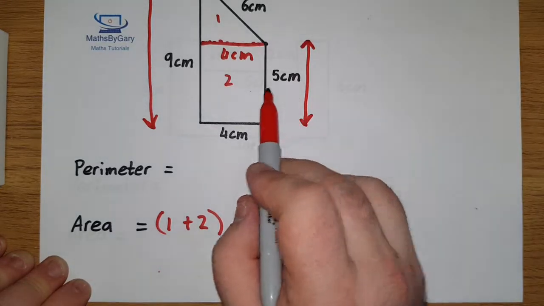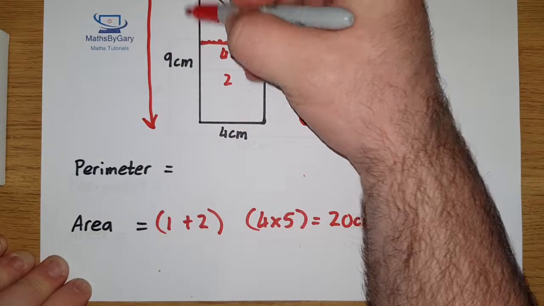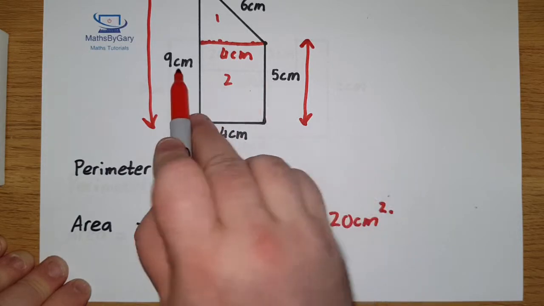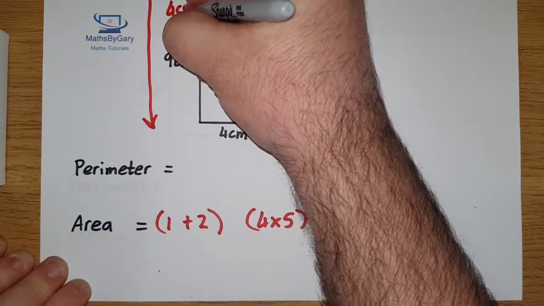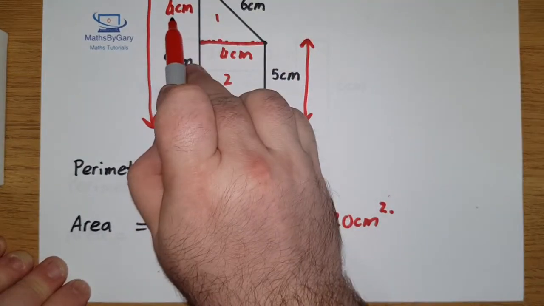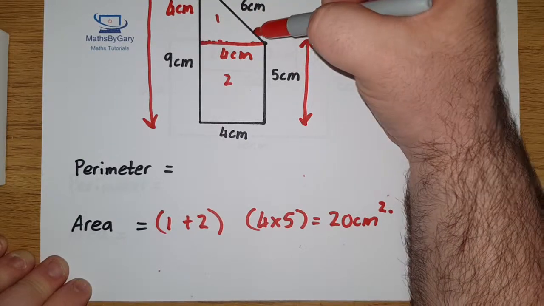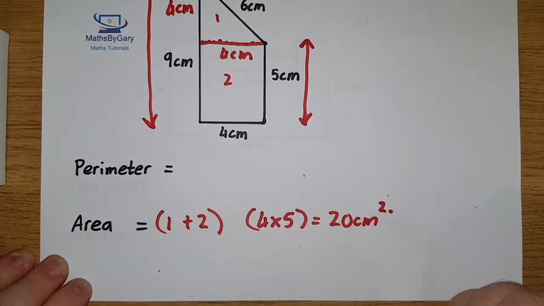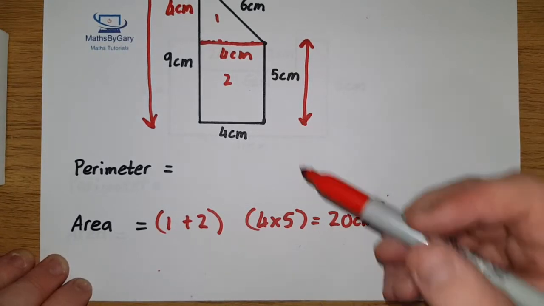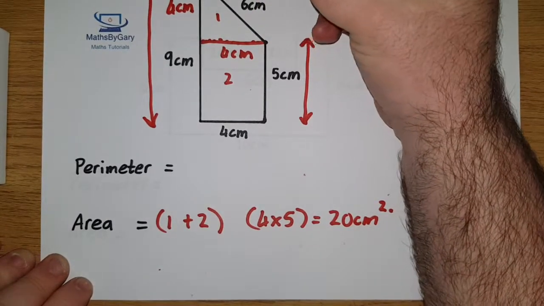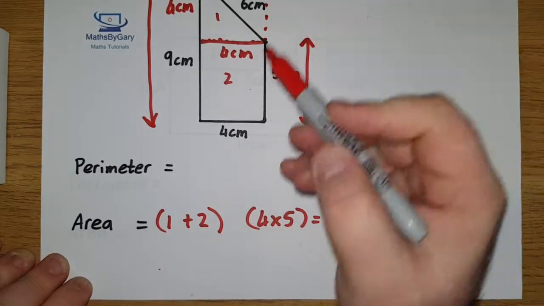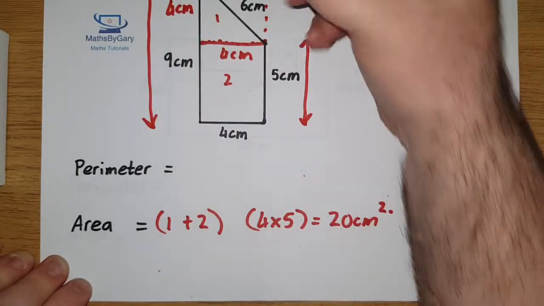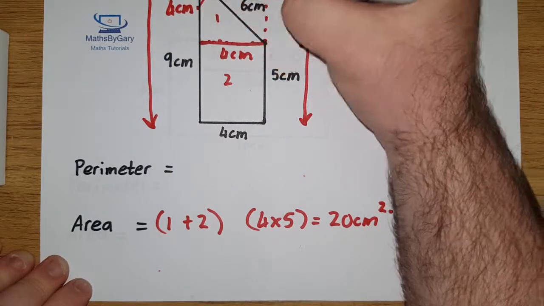So we know that the length from here to here is 9 minus 5, which is 4 centimetres. So we know it's 4 centimetres here, this is 6 centimetres, and it's 4 centimetres here. So what we could do is simply turn it into a square, and then multiply 4 times 4 to give us the area of the square.